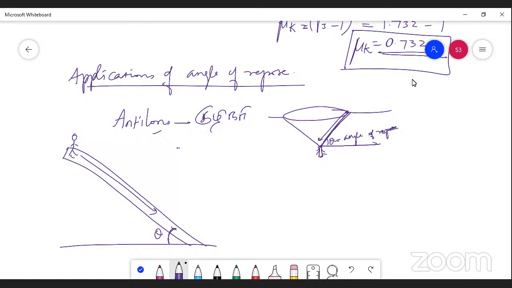Because the reason is quite simple: the angle of inclination of the sliding board with respect to the horizontal is equal to the angle of repose. So, not only children, any object which is placed over the sliding board will be sliding down.